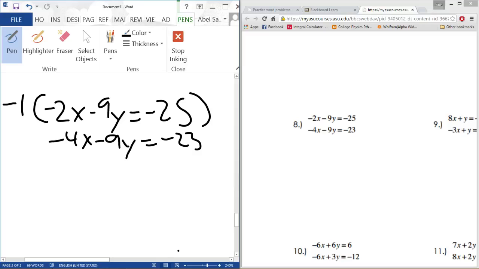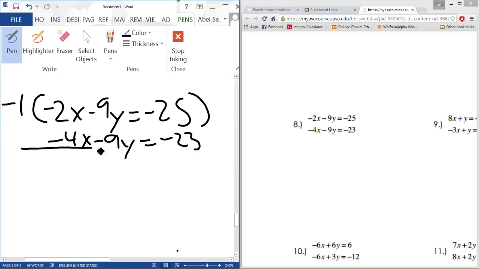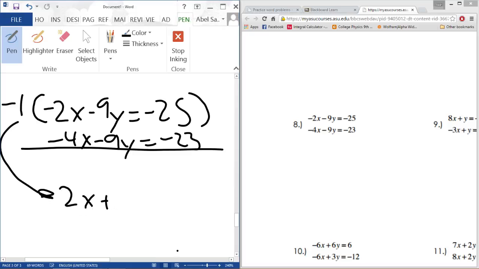All that happens is the sign flips on each number of the whole equation. So if we rewrite it down here, this becomes a positive 2x plus 9y equals positive 25.